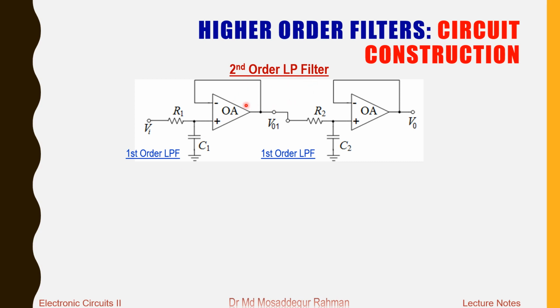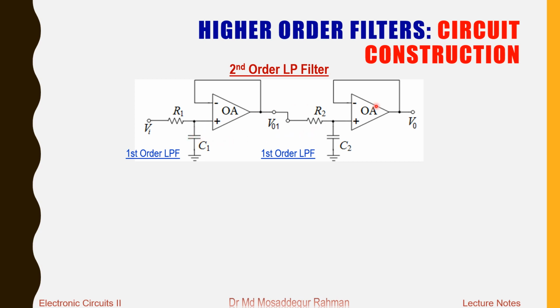The definition of a second order low pass filter, or second order filter, is that the gain should fall at the rate of 40 decibel per decade. Now, does it fall at the rate of 40 decibel per decade? Yes, it does. Because this is a first order filter, the gain will fall 20 decibel for every decade increase in frequency. Then this is another first order filter, and here also the gain will fall another 20 decibel for every decade increase in frequency.